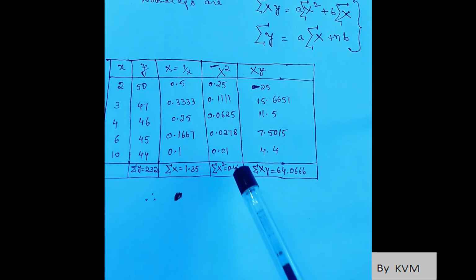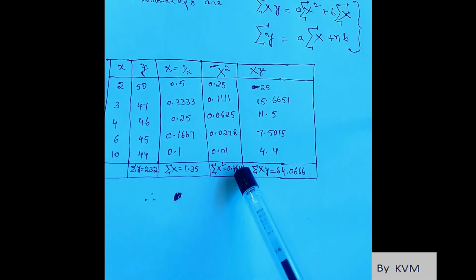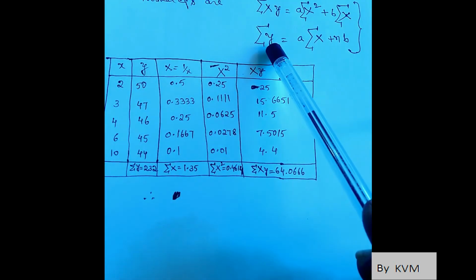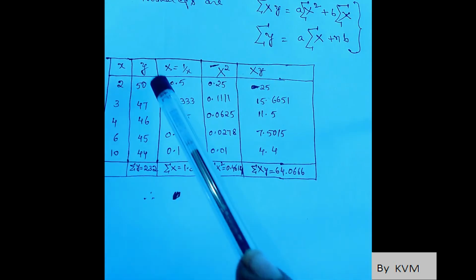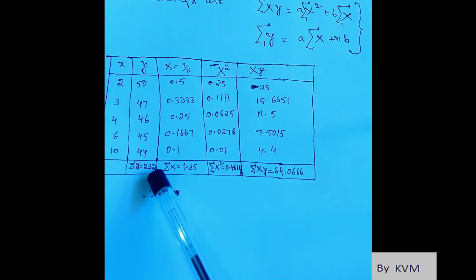So summing up all the values of capital X square, we get sigma capital X square is 0.4614. Summing up all the values of capital X, we get sigma capital X, that is 1.37. Then in the second normal equation, we need sigma y. So adding all the values of y, we get sigma y, that is 232.